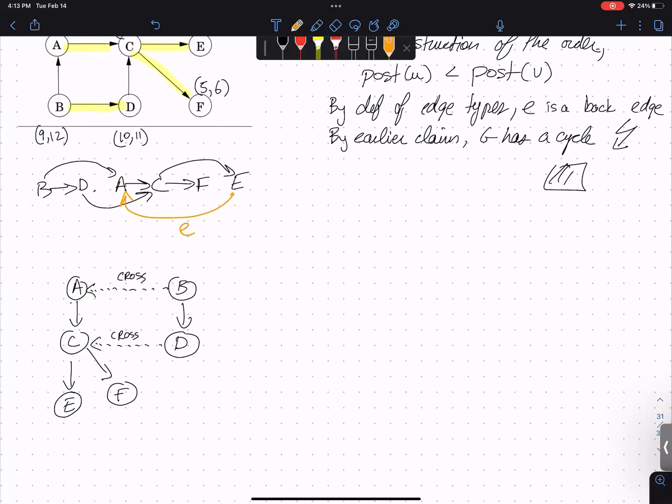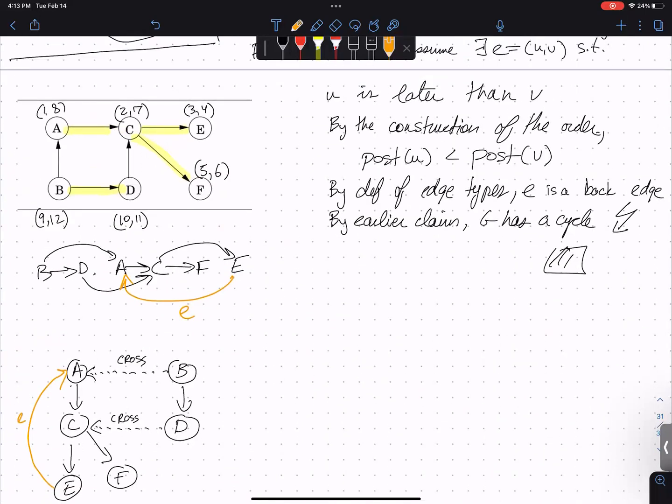So if we had the edge from E to A, you could see it's a back edge. So if you want to think about this proof mapped onto an example, this is the right way to do it: to imagine if there was an edge violating this order, that it would be a back edge in the graph.